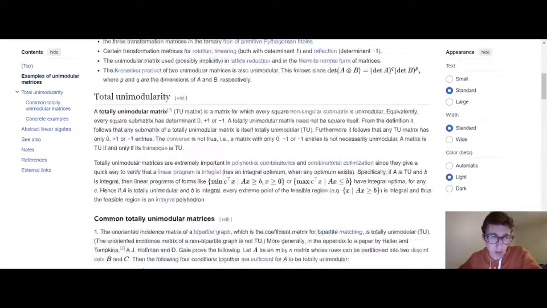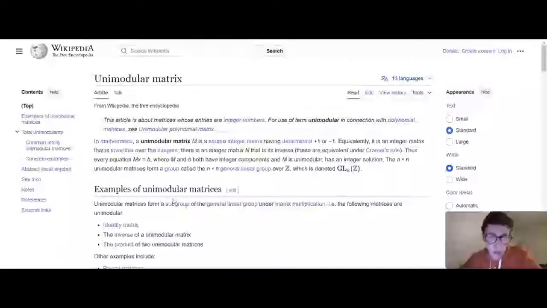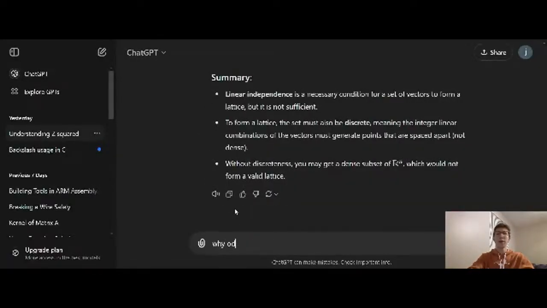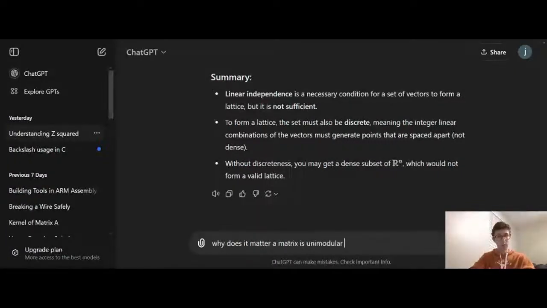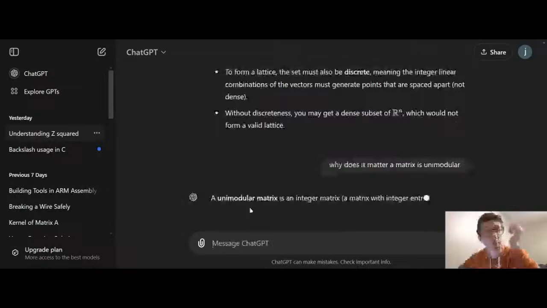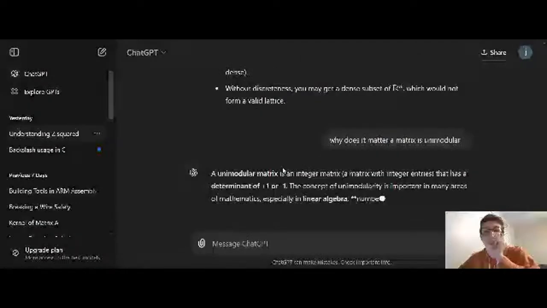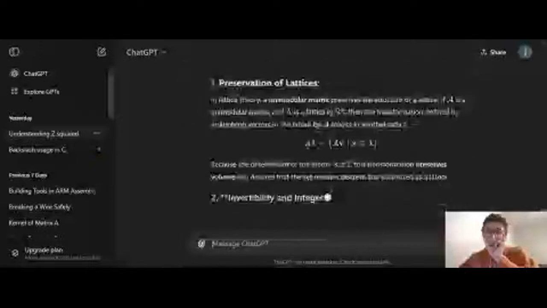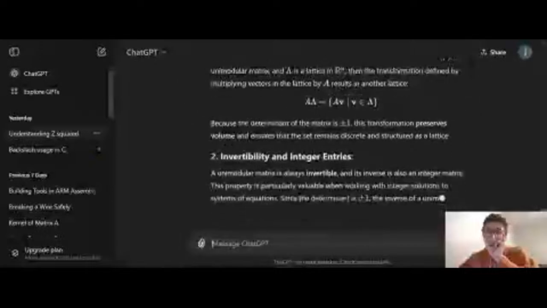This stuff is hard. It's not conceptual at all. All right, so let's go back. What does it matter? We know how to get it. Why does it even matter? Okay, why does it matter? Preserves the structure. That makes sense, but I still don't understand. Always invertible.